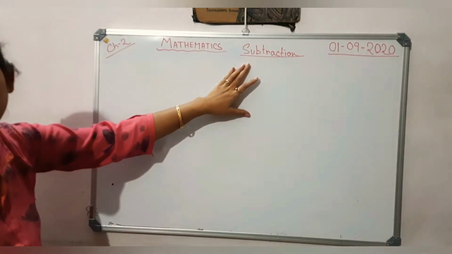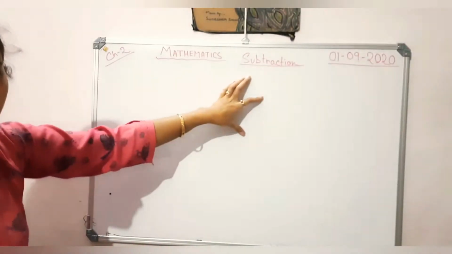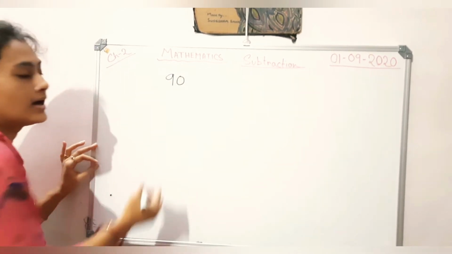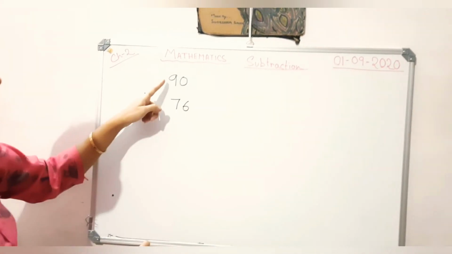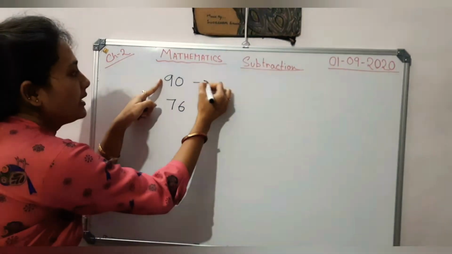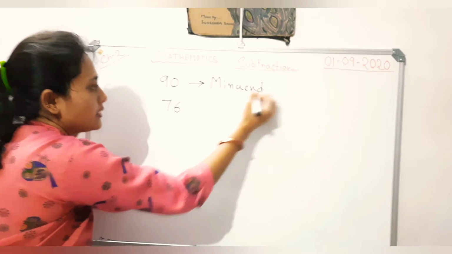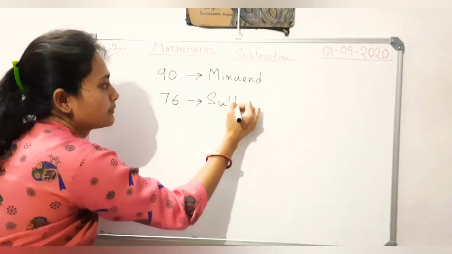Today we are doing subtraction. For subtraction, I want two numbers. Suppose I am taking 90 and another number 76. This is the greater number, my minuend. This is the smaller number, my subtrahend.